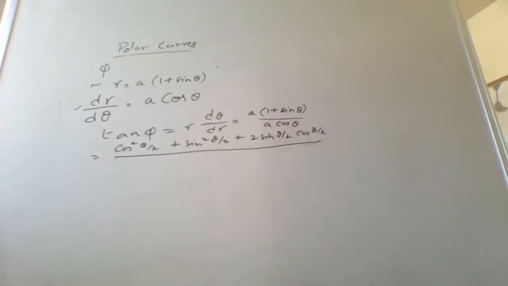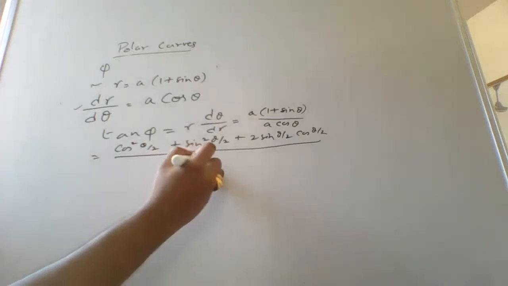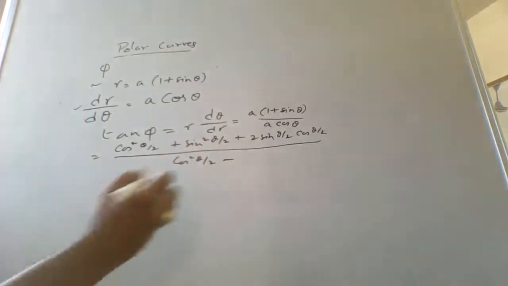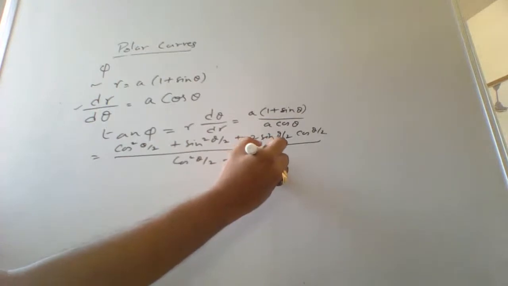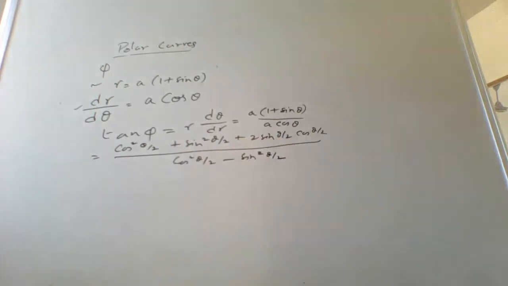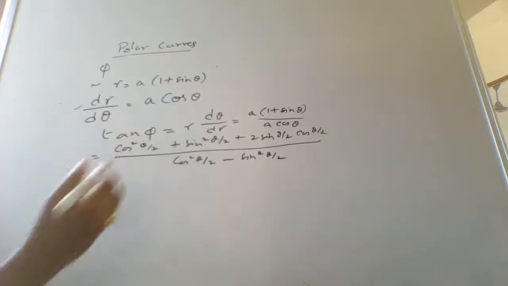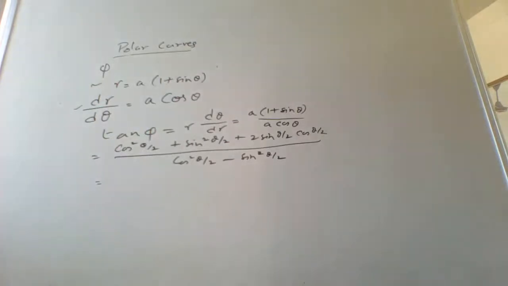The denominator I can write as cos square theta by 2 minus sine square theta by 2. The numerator is cos theta by 2 plus sine theta by 2 whole square, and the denominator is cos theta by 2 plus sine theta by 2 times cos theta by 2 minus sine theta by 2.